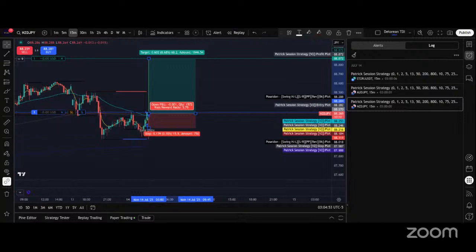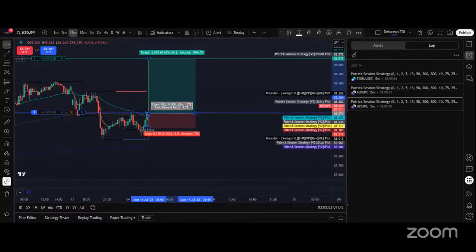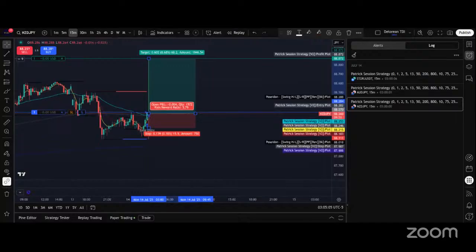Stop loss is going to be 88.111. And that's going to be for 16 pips. And entry price, 88.270.